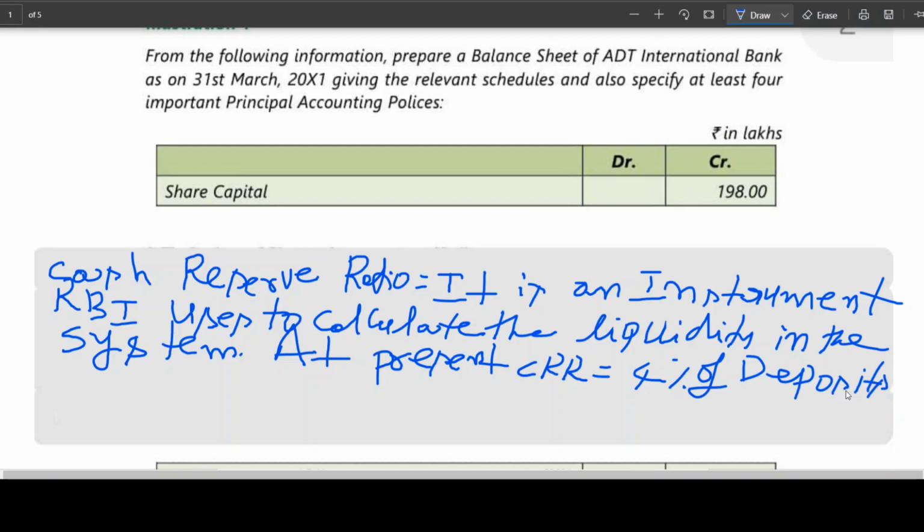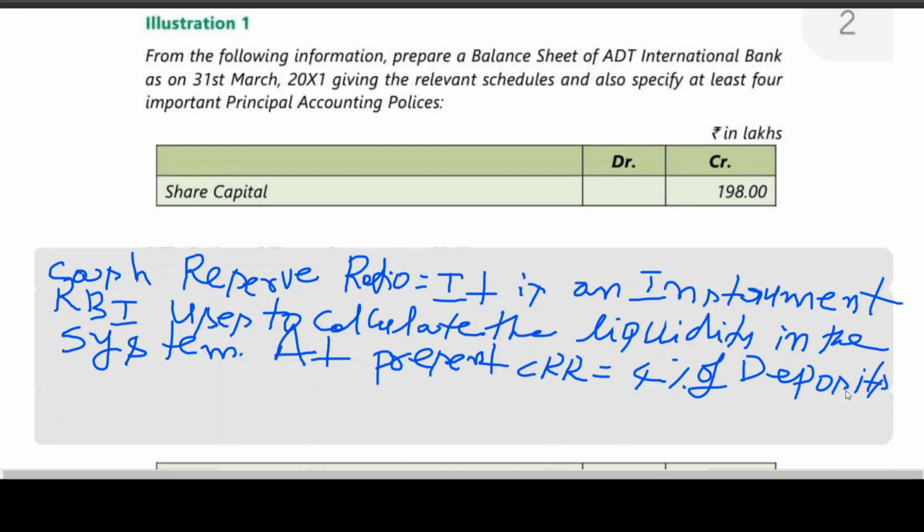Is this clear? At present CRR is 4% of deposits. In the material they have given you, the current cash reserve ratio is 4% of net demand and time liabilities, which is nothing but deposits.